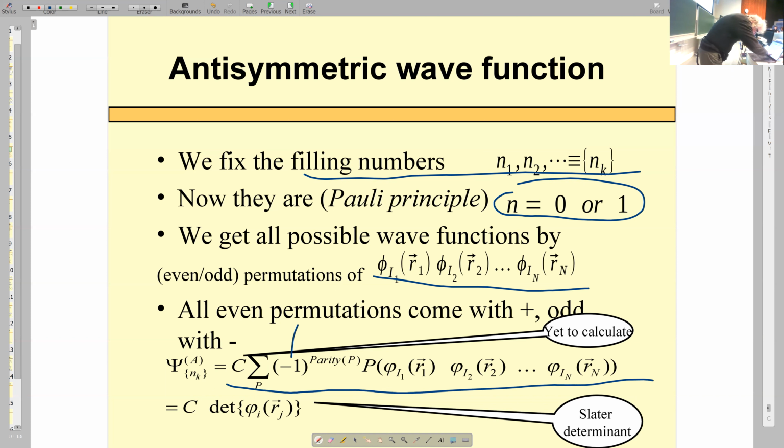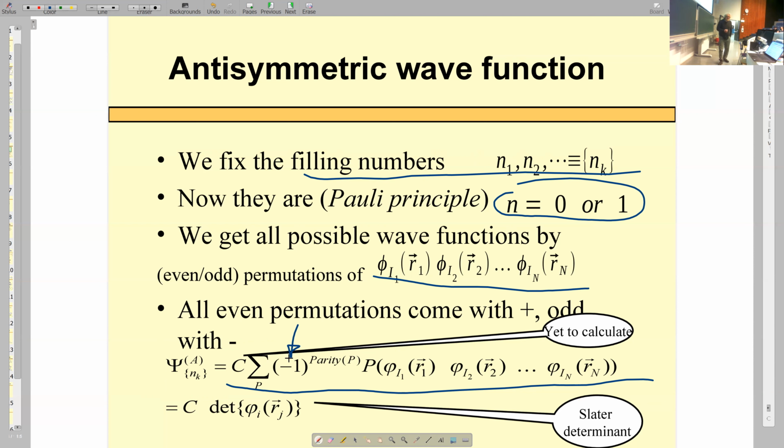So here we have plus and minus terms. It was an interesting discovery that for fermions, although it's a full number of terms, it can at least be written in a compact way.